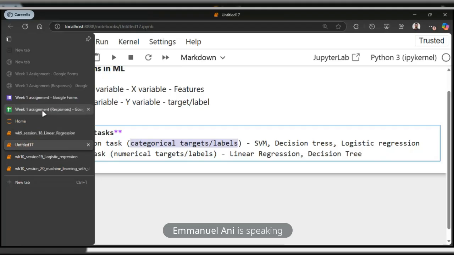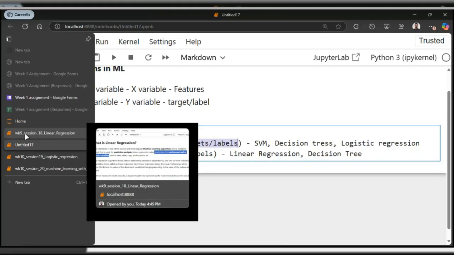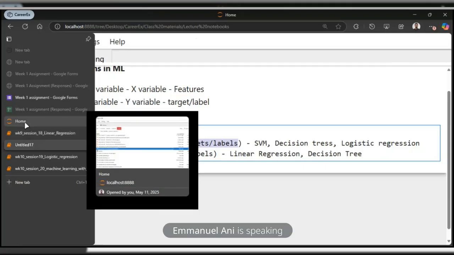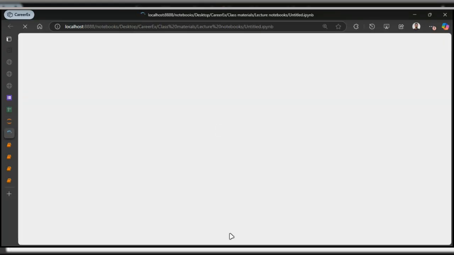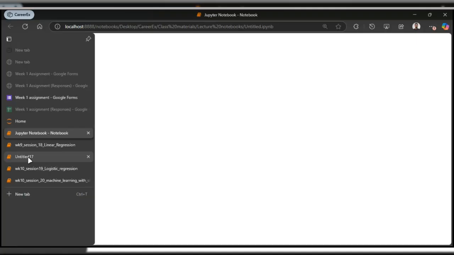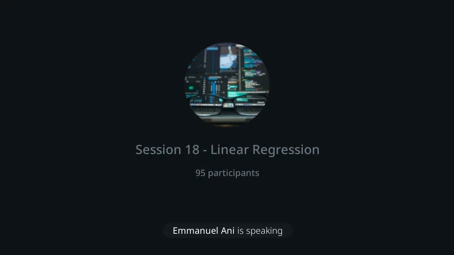Let me see if I can create something here. All right, so let's see if we can import a data set.